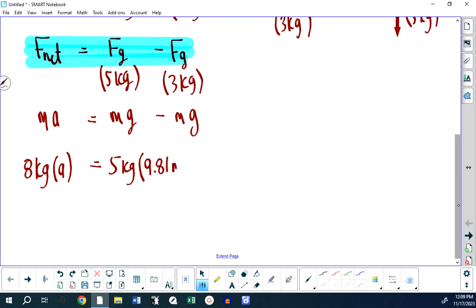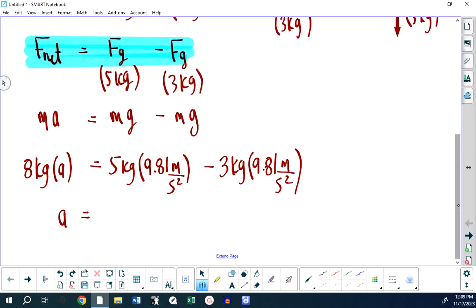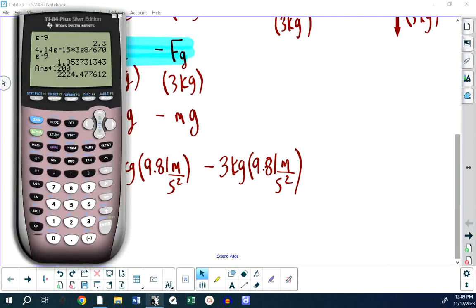You can use meters per second squared or newtons per kilogram, minus 3 kilograms times 9.81. And again, I'm choosing to go with meters per second squared here, but you could use newtons per kilogram. Finding the acceleration here is pretty straightforward. You're going to calculate what 5 times 9.81 minus 3 times 9.81 is equal to.